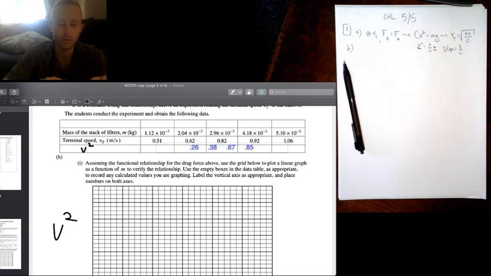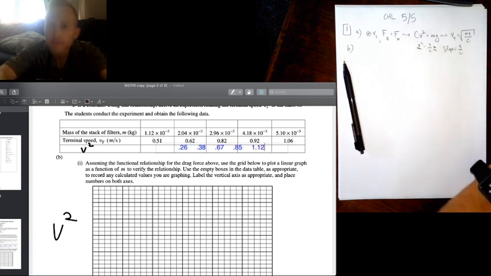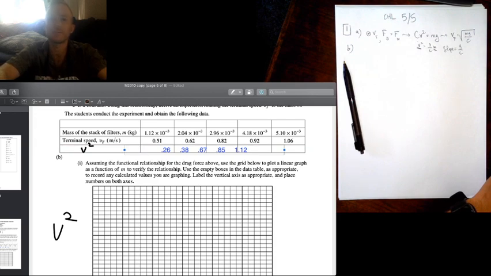And 1.06 squared is 1.12. All right. So these are our data points.